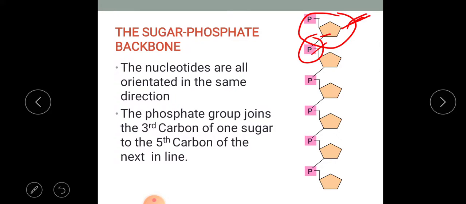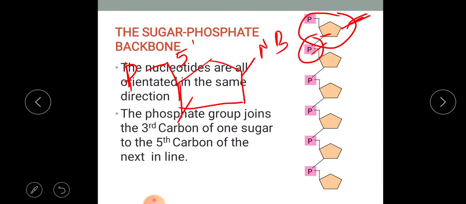If I get a plain paper, I can draw much more easily. See, this is a pentose sugar, here a nitrogen base is attached on the C1 carbon, and a phosphate group is attached on the 5 dash carbon.